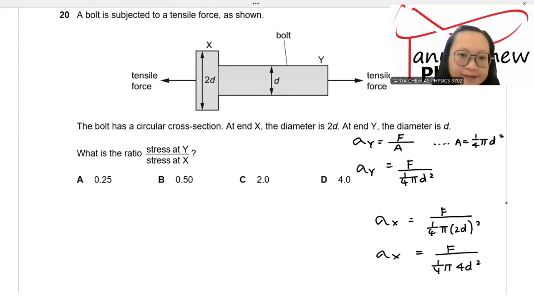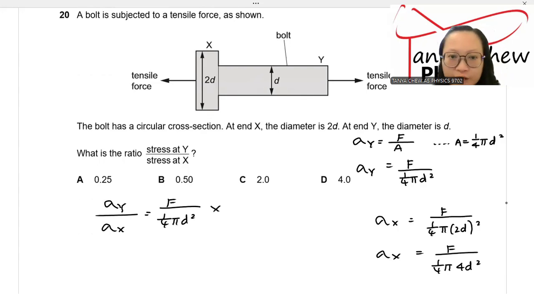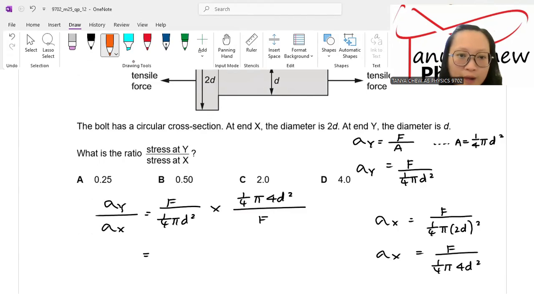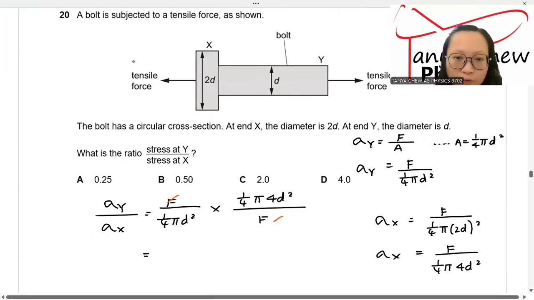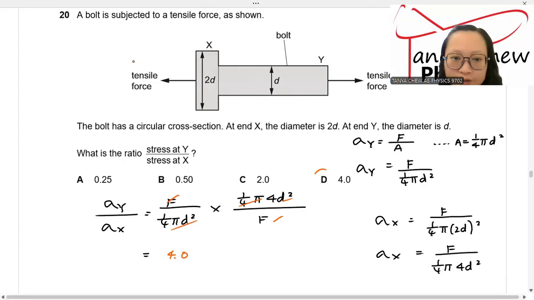This is the stress at X. So stress at Y divided by stress at X is F over 1 over 4 pi d squared, and I straight away invert it and multiply by 1 over 4 pi 4d squared over F. So you cancel everything here. F and F cancel off, 1 over 4 pi d squared cancels, and you are left with 4. So the answer is D.